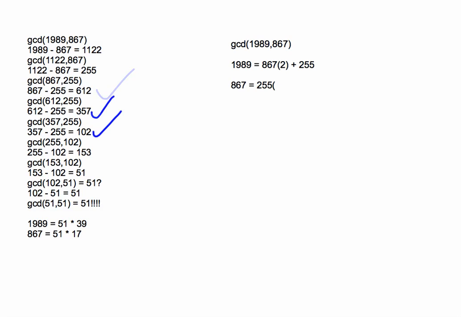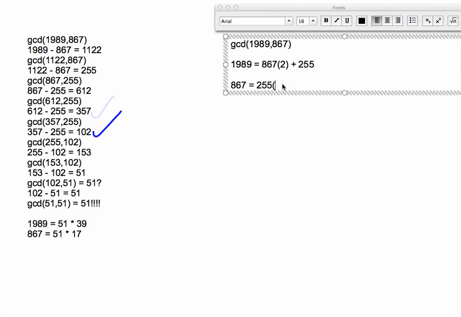So that means that this is 3 times, and then the remainder there after the 3rd time happened to be 102. So if you take 255 times 3, what do you get? You get 765, and then if you add 102, you get 867, which is what you're supposed to get. Okay, great.